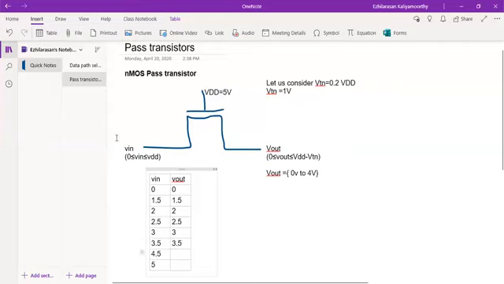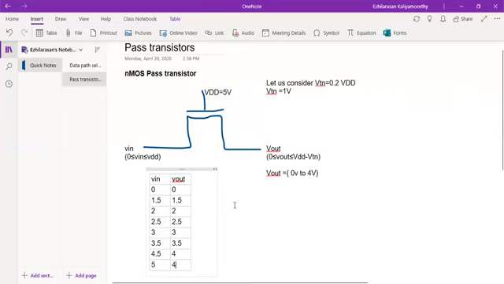When Vin is 4.5, you can see my input is a high logic. What output will we get? We won't get 4.5. The output is degraded due to the threshold voltage effect; the maximum it can deliver is 4 volt only. Even if I apply 5, I will get 4 only.